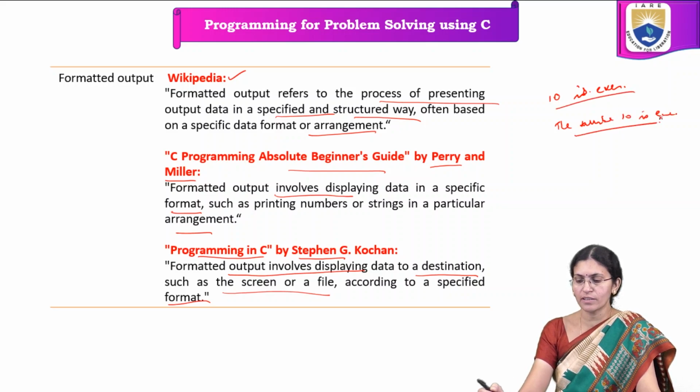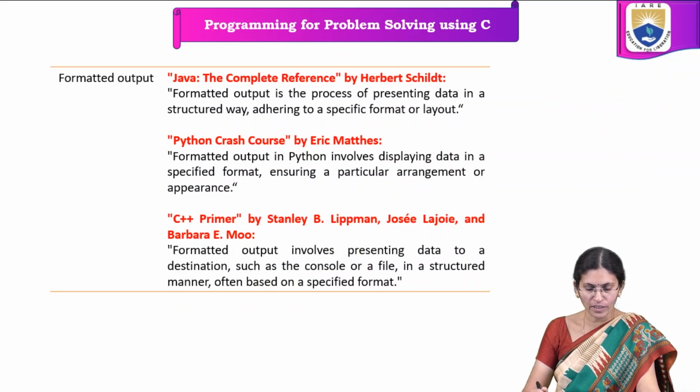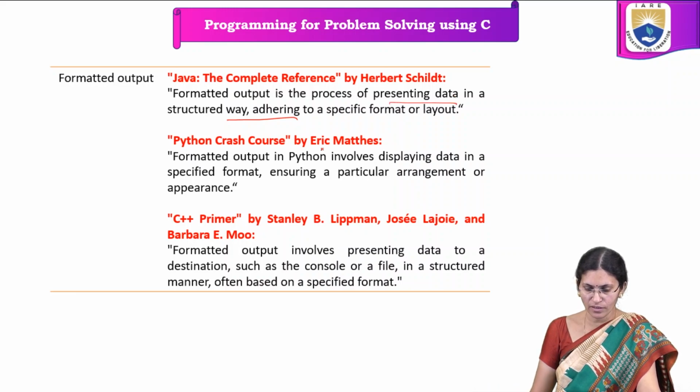In order to print the data in this format, we can use the printf function in the C programming language. So this is called formatted output. Java: The Complete Reference by Herbert says formatted output is the process of presenting data in a structured way, adhering to a specified format or layout.